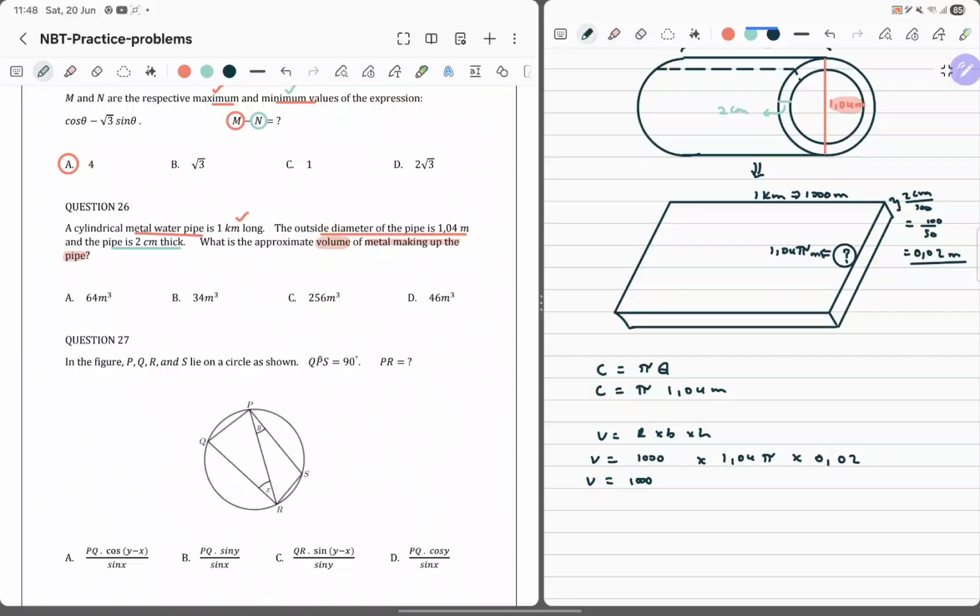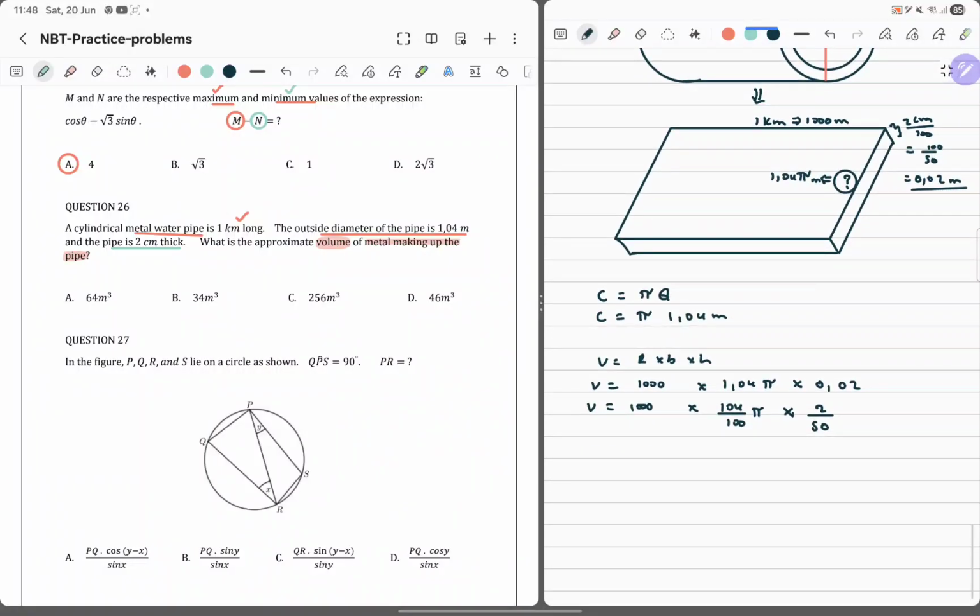There's no need for the meters. Then multiplied by this, converted to decimals, it's going to be 1,04/100 pi, multiplied by, maybe I should have left it as 2/100. Why not? Now we can do the things.